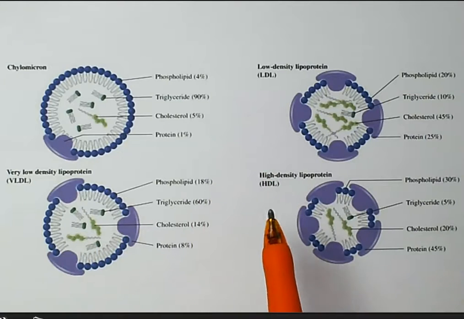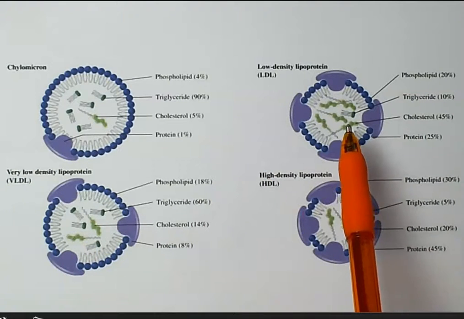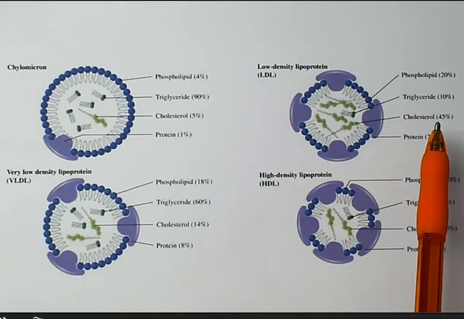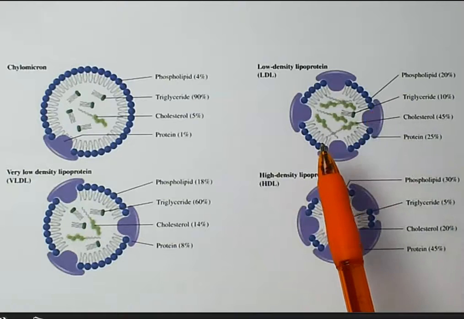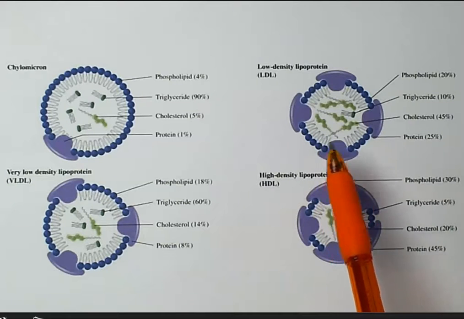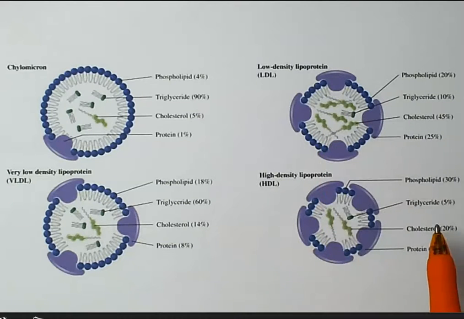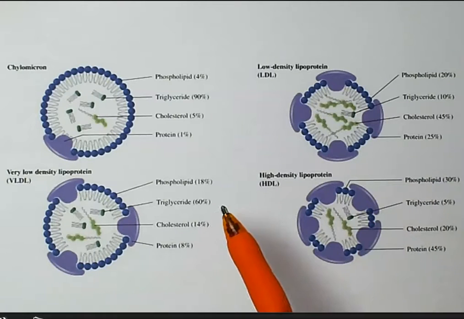The two you hear about, LDL, HDL, yes, there's some cholesterol inside both of those. LDL has the highest percentage of cholesterol and is the main way of transporting cholesterol in our bloodstream. Only about 20% of an HDL complex is cholesterol. It has more protein, 45% to only 25% in the LDL.